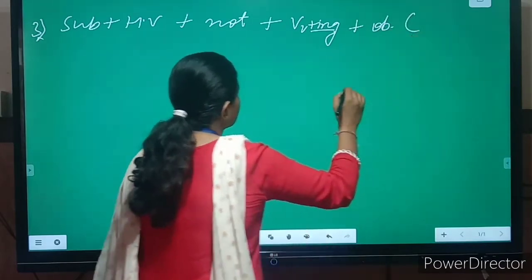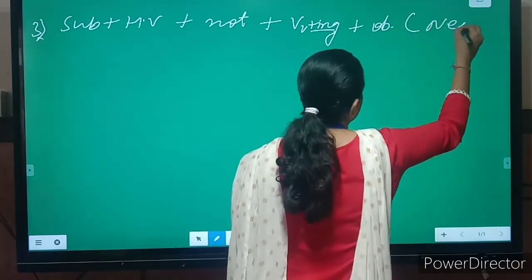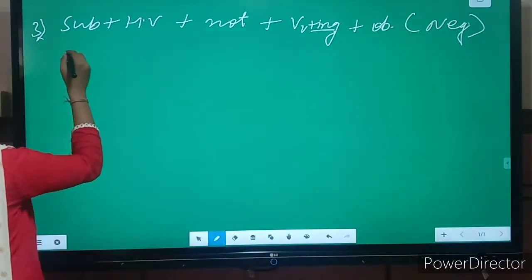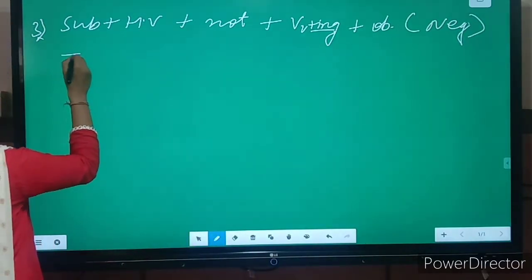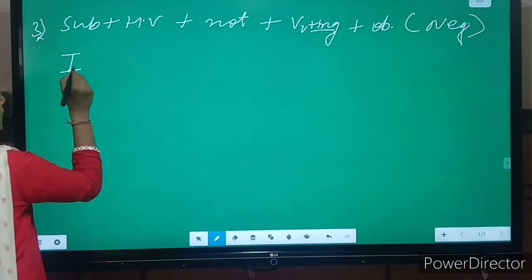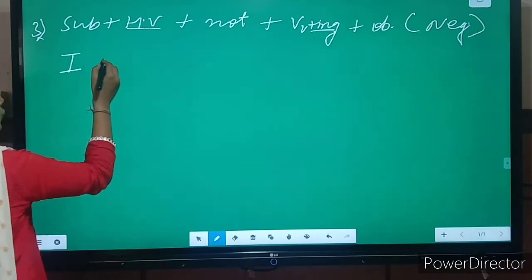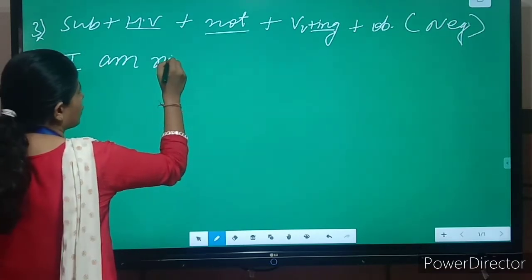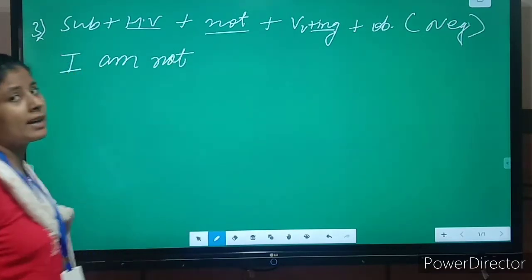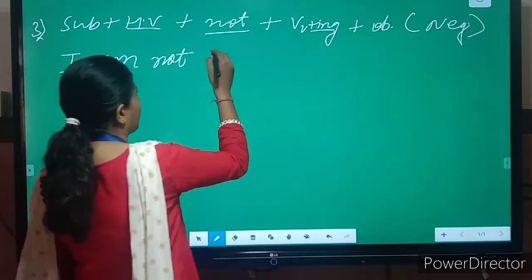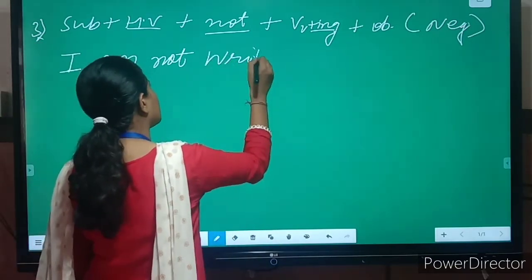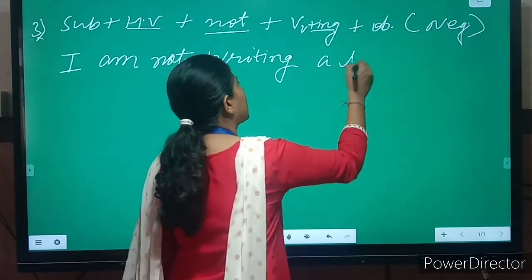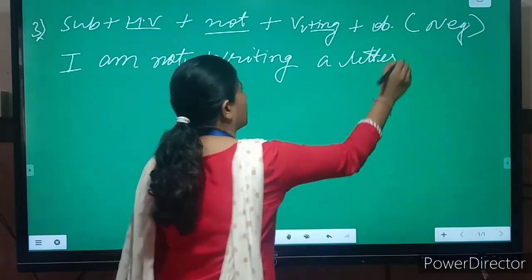So this is a negative sentence. Okay, so let's change that sentence into negative. I, clear, and then helping verb. What helping verb will you use? Am. I am. Then the structure says to add not. So here is not, and then you will write verb first form along with the ing. So I am not writing. What is the object? A letter is the object.